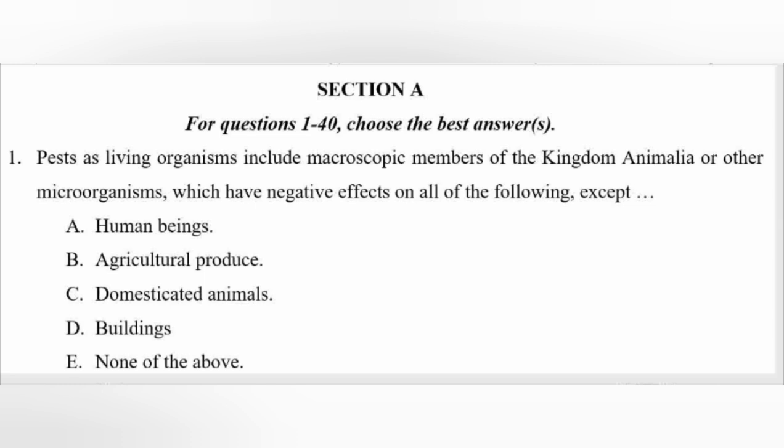When we met the last time, I indicated that one of the key things you are supposed to take note of when you are answering questions is the instruction. You don't have to read the instruction halfway. You have to read the full instruction. Yes, you are expected and required to read the full instruction. And when you read the full instruction, you'll be able to know what you are being commanded to do.